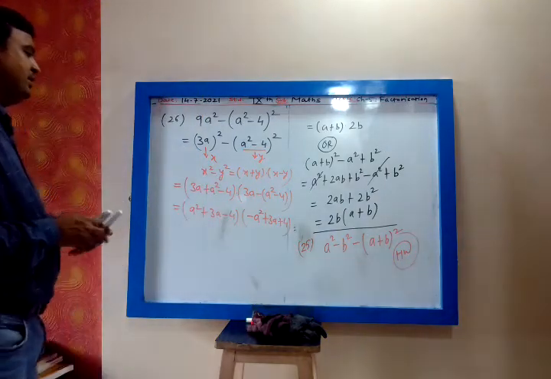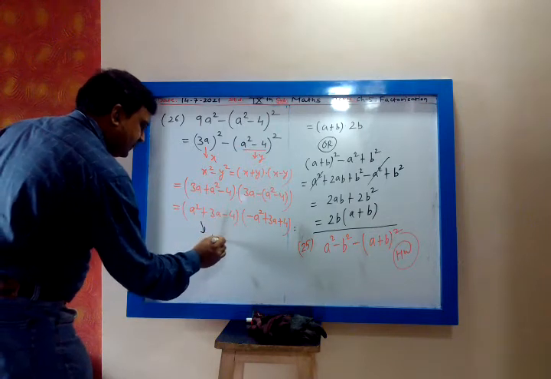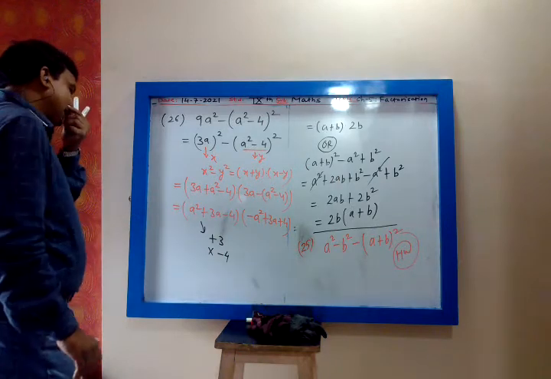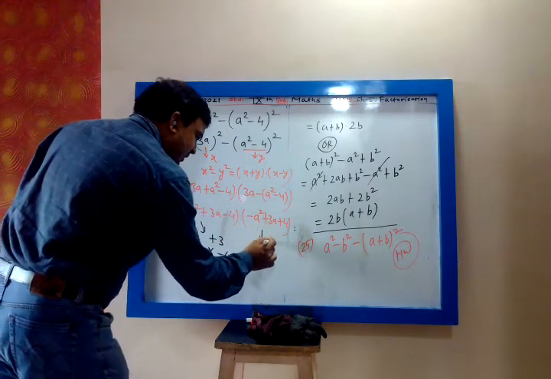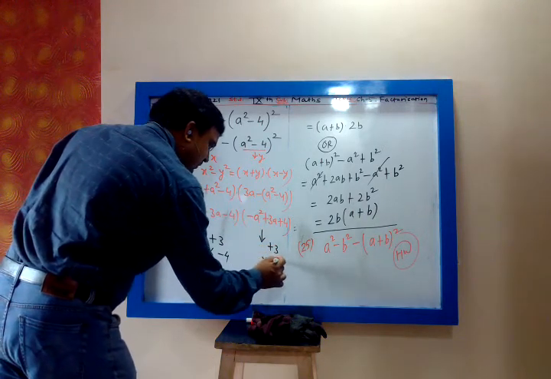So now both are quadratic. Find two numbers whose sum is 3 and multiplication is minus 4.